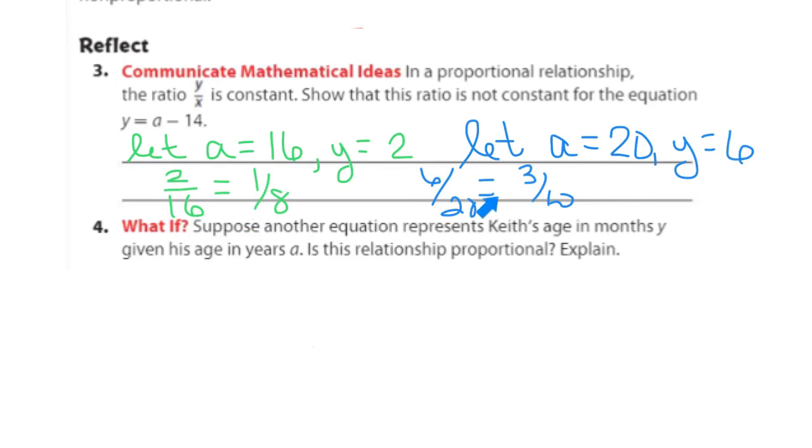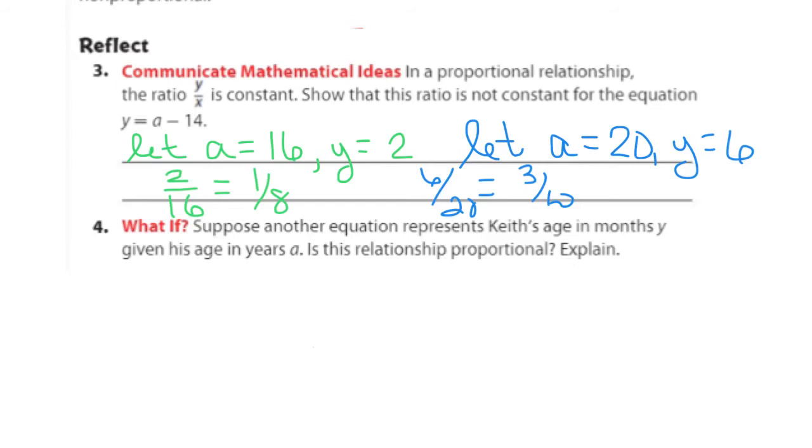So it's not constant, therefore it's not proportional. So that's how we can show that the ratio, there's our ratio, is not constant for the equation. You pick any value of a, plug it in, find your y. Do that twice, and they don't match, so you're good.